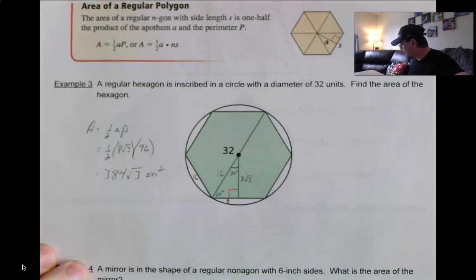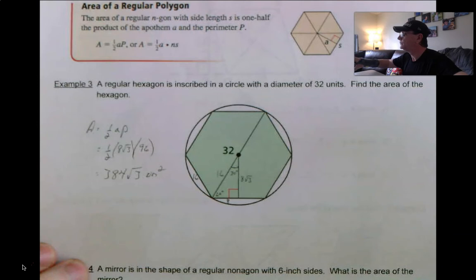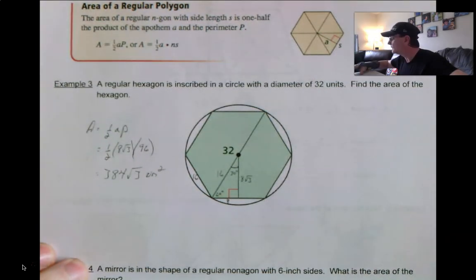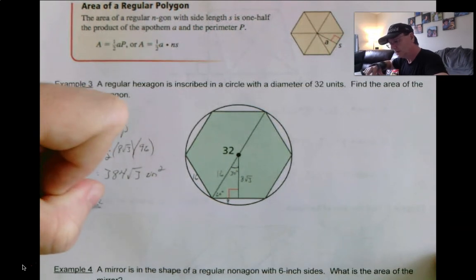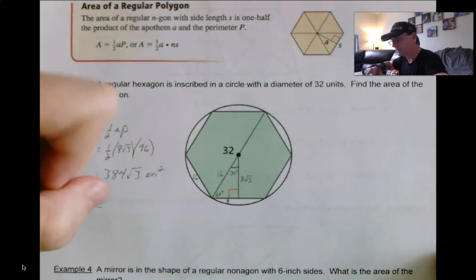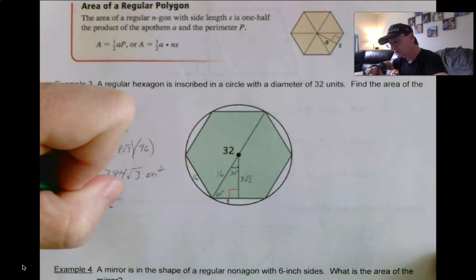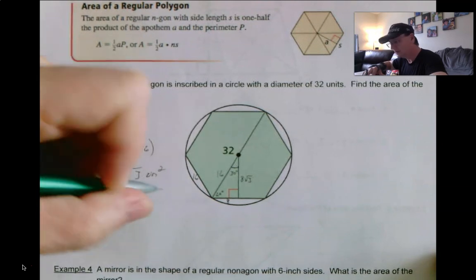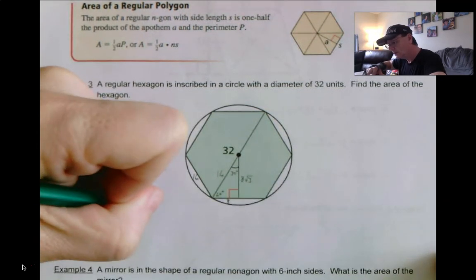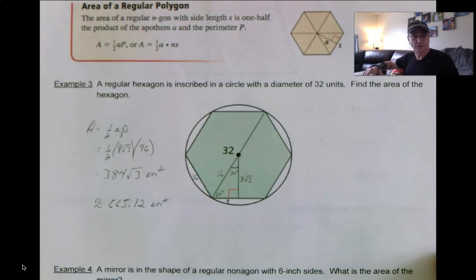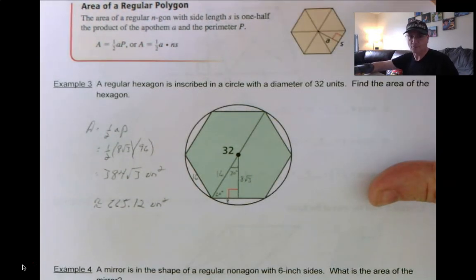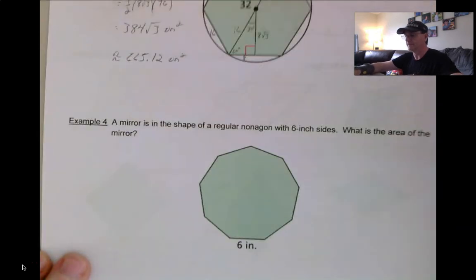If we do go rounded, and times 3 square root, you get approximately, and this would all depend on the directions on the quiz or test, 665.12 units squared. Okay? So on the quiz or test, it will tell you either simplest radical form, exact, or rounded, nearest tenth, nearest hundredth, whatever.